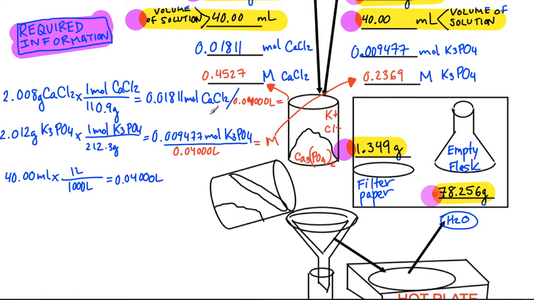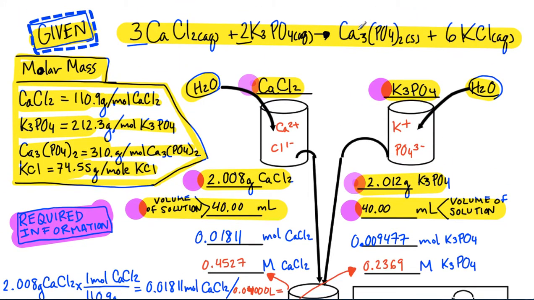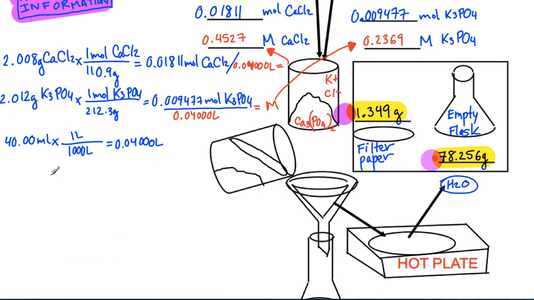So what we're going to do is we're going to take the moles of each one of these reactants. I'm going to change colors once again. And I'm going to convert them into moles of the precipitate, which is moles of the calcium phosphate. So here we go.